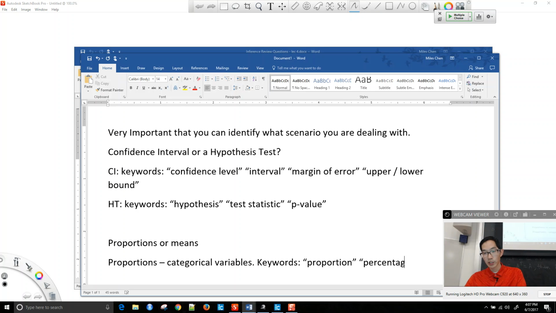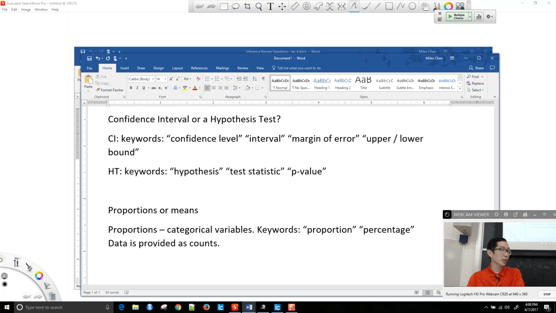These would be indicators that you're dealing with proportion. And then the other key aspect is that the data is provided as counts. They'll say like this many are red out of a sample of this many. So the data is provided as counts, so you'll have large whole numbers instead of some kind of average here.